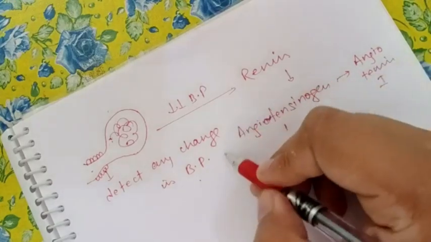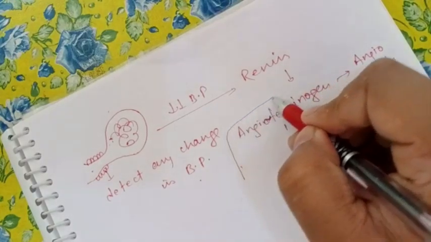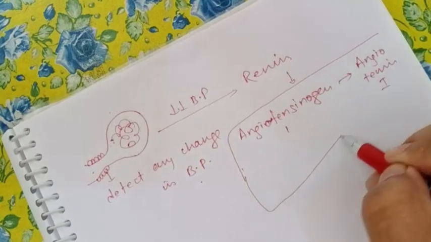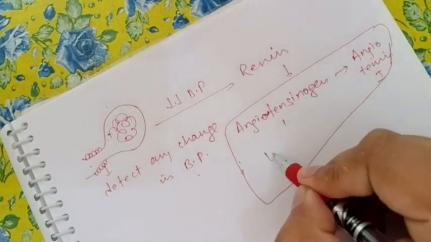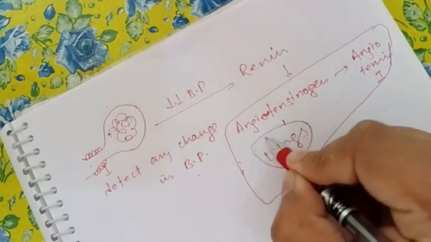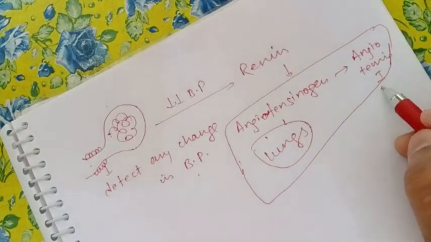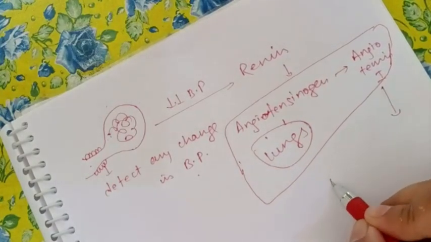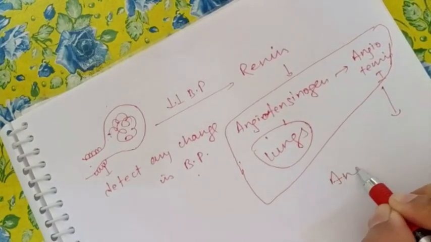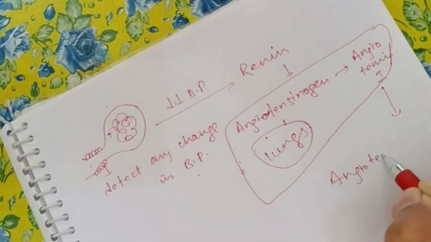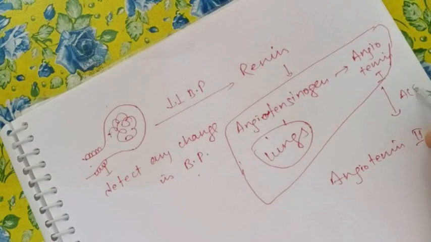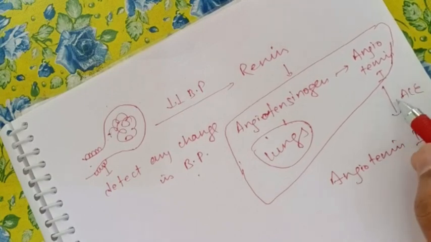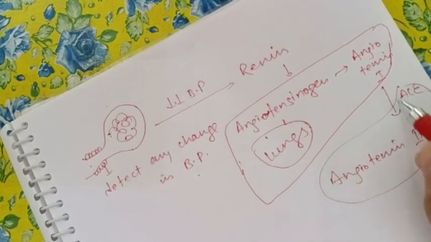And where does all this happen? In the lungs. This angiotensin 1 will convert into angiotensin 2 by the presence of an enzyme, ACE, and this conversion happens in the lungs.